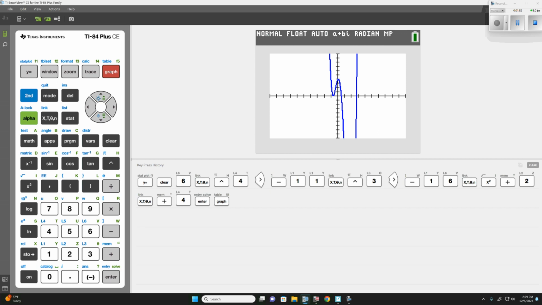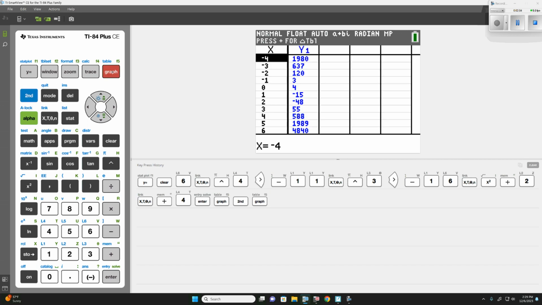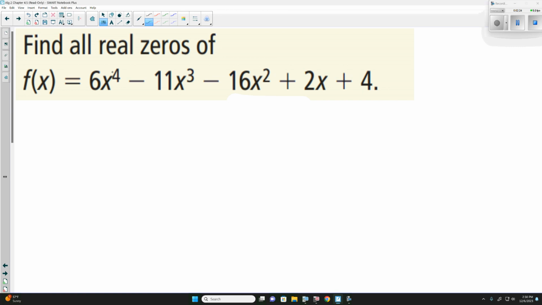It does cross the x-axis in 4 places, but none of them are integers. They're not nice numbers. They are somewhat nice because at least 2 of them are rational, fractional answers, but we don't have any non-decimal, non-fractional answers. So what that means for us here is we're going to have to find the rational zeros.